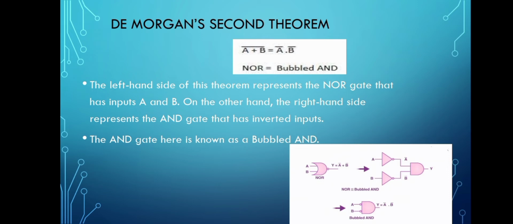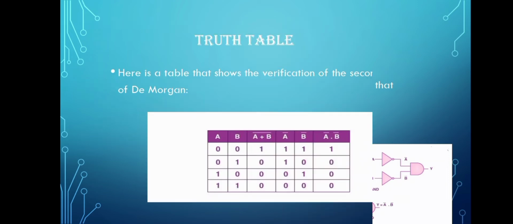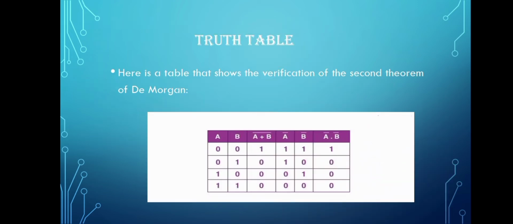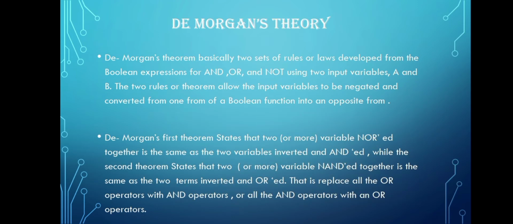The AND gate here is known as bubbled AND as shown in the figure. Furthermore, the truth table of De Morgan's second theorem: here is a table that shows the verification of the second theorem of De Morgan's, which clearly shows that the NOR and bubbled AND gates are equivalent.